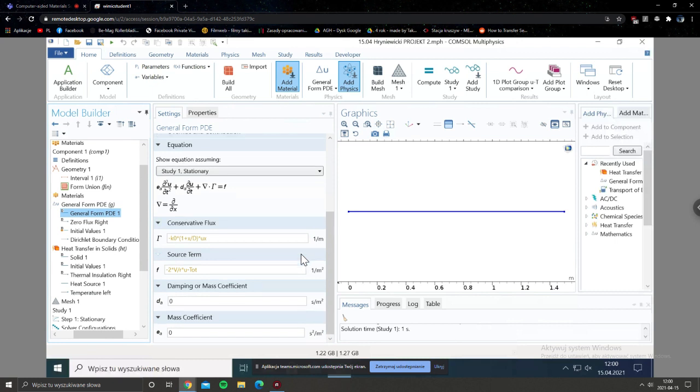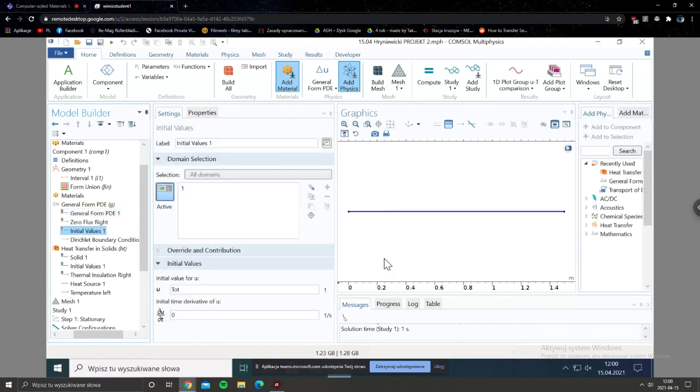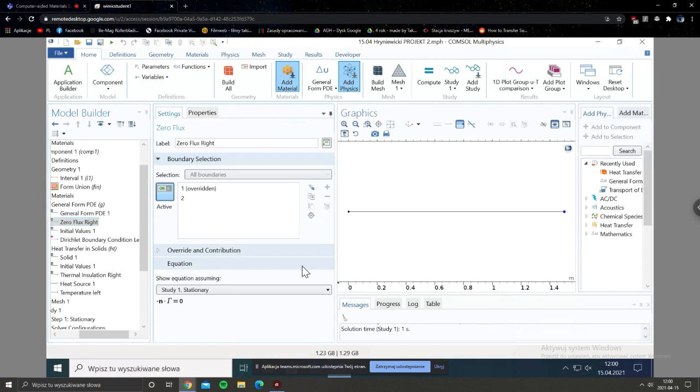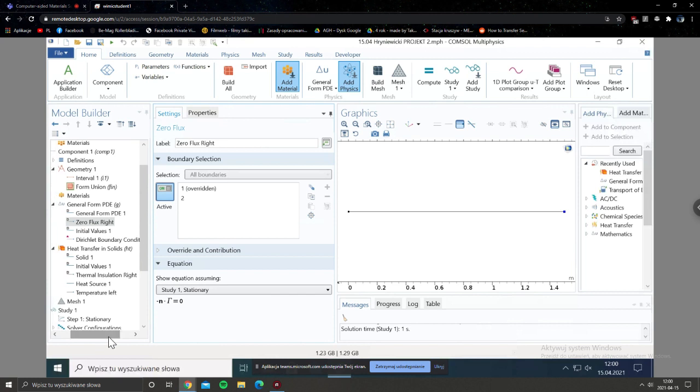Go to the bottom. Correct. Go to initial values. This is TOT. Correct. Dirichlet boundary condition. This is TL. It's correct. Zero flux. And it should be correct.